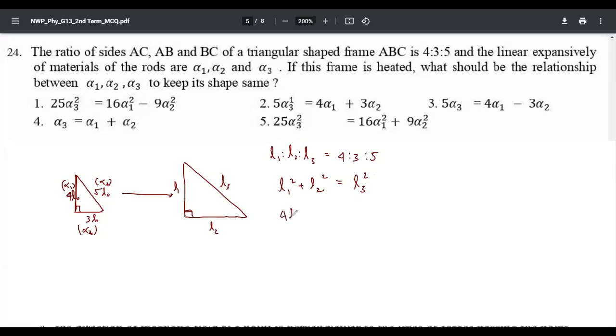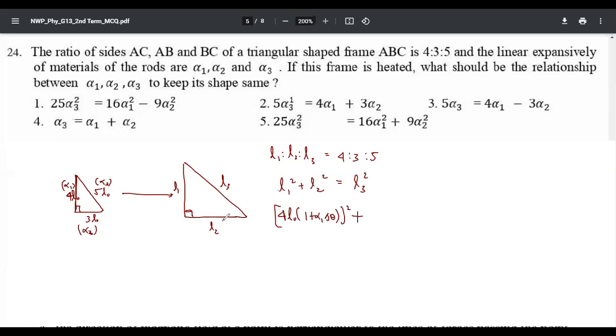L1 is going to be 4L naught within bracket 1 plus alpha 1 delta theta, whole thing squared.